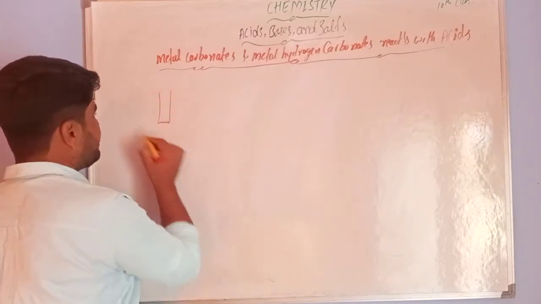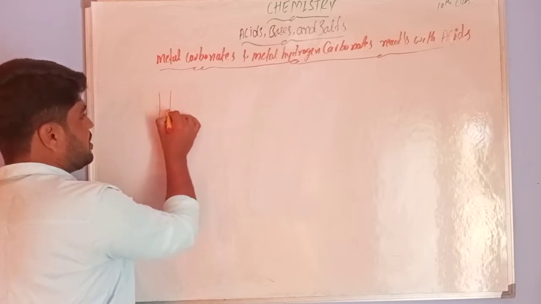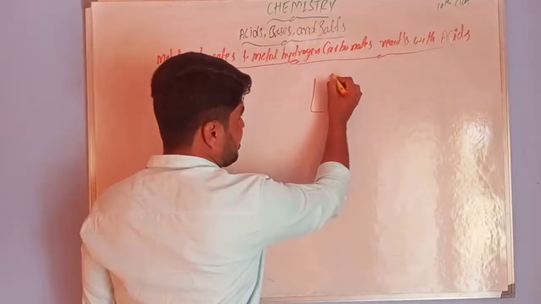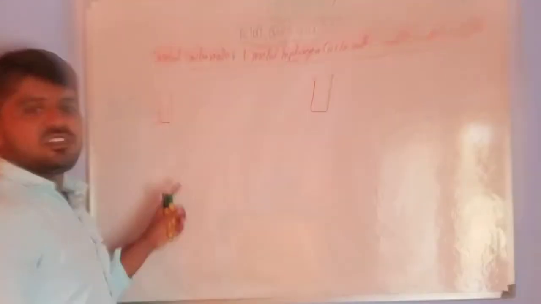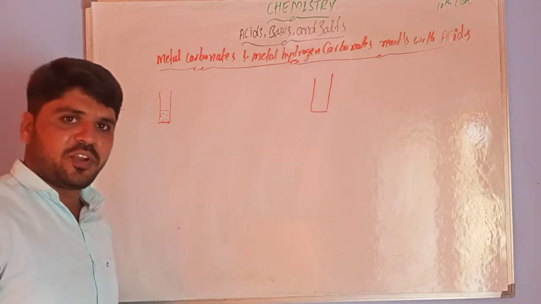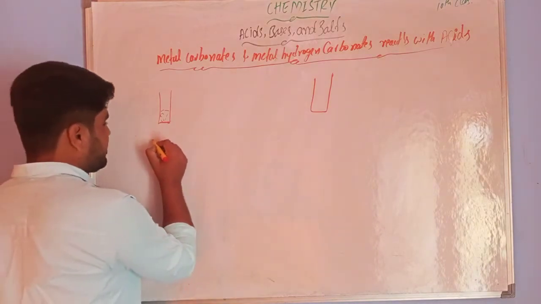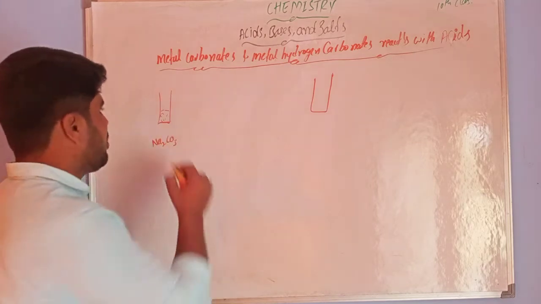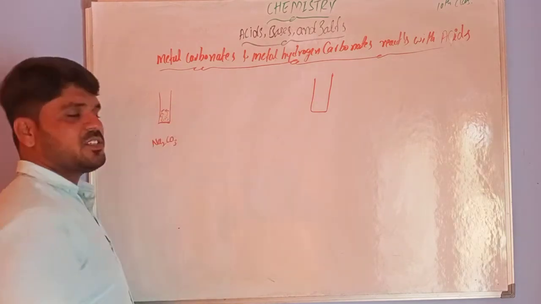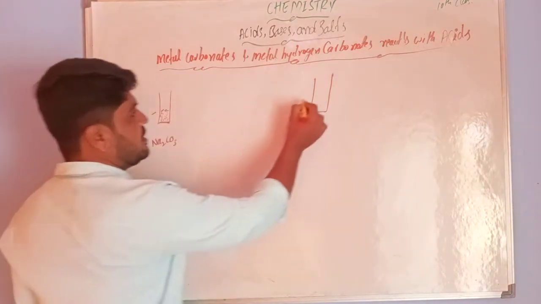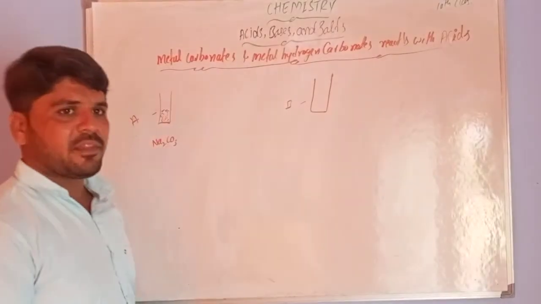This test tube contains sodium carbonate, Na2CO3. This is test tube A and this is test tube B.